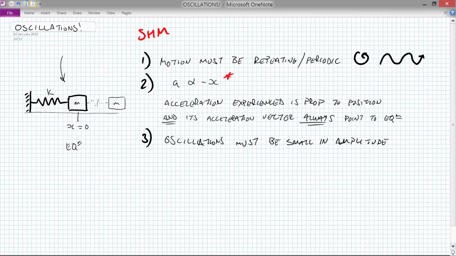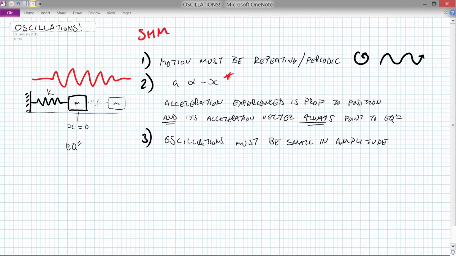Like I said, some of you, when you go to do physics at university or modules in oscillations in university, you can consider if I don't have this statement being true, so if my oscillations are very large, what's going to happen to my spring if I force its oscillations to be incredibly large?